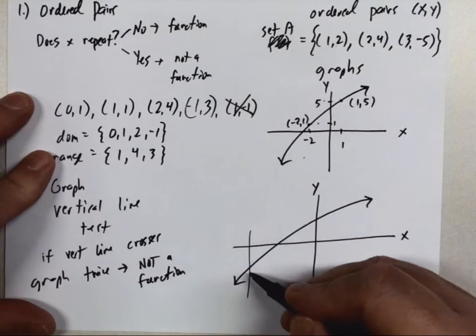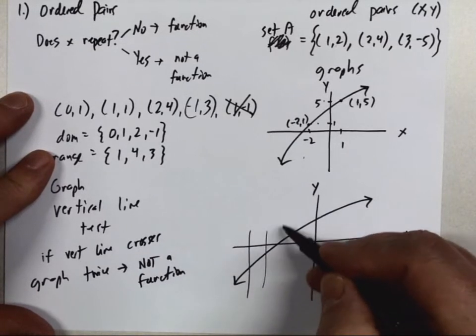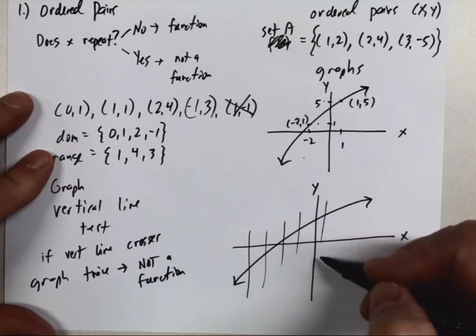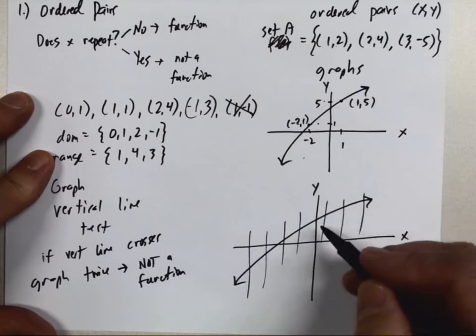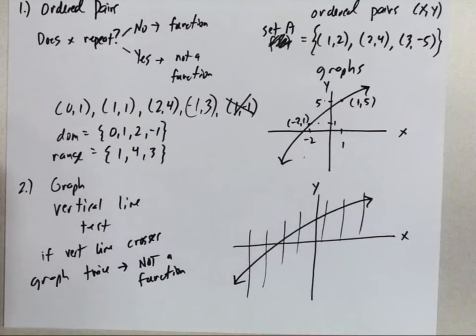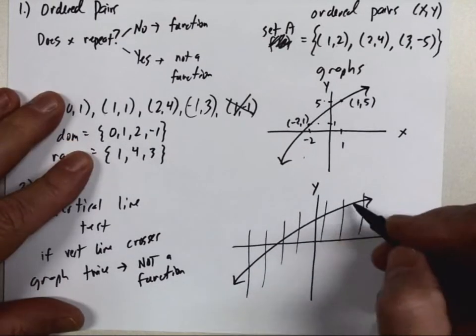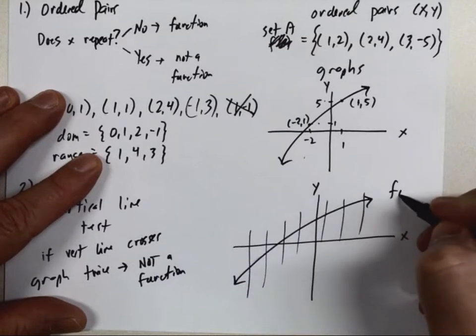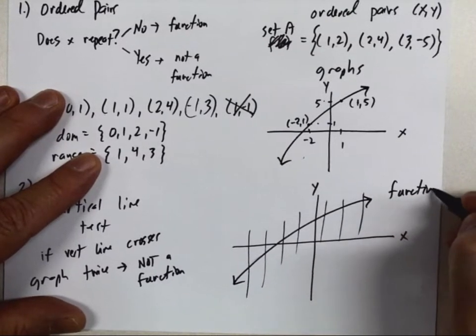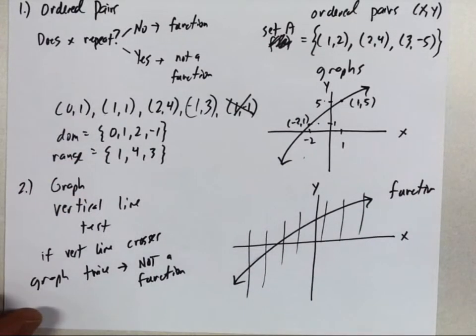There's a vertical line. It crosses it once. Hopefully you can see quickly how I can draw all kinds of vertical lines. I'm never going to cross this graph twice. So you end up saying this graph is a function.